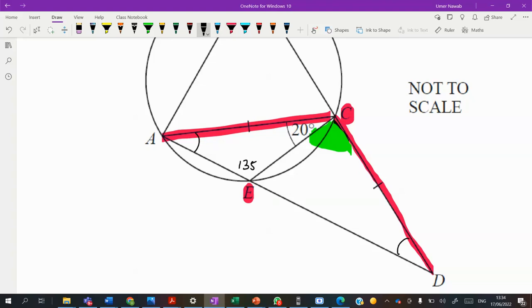So if you know the two angles, boys, 20 degrees and 135, you can easily find this angle. What is that? 180 minus 135 plus 20, and that gives you 25. And this other angle is also 25.